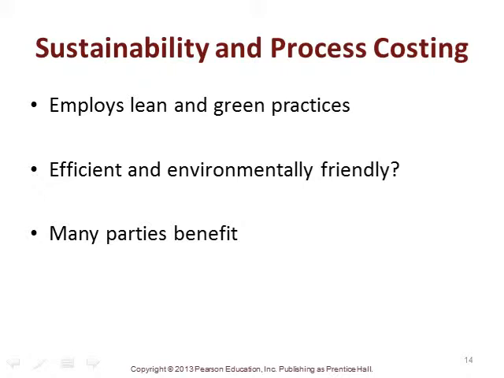And so then we just want to talk a few minutes about the idea of sustainability in process costing. With sustainability, what we're trying to do is to make decisions that are long-standing, that become good decisions for the company in the long term. They're not something that just benefits us for that specific period of time.